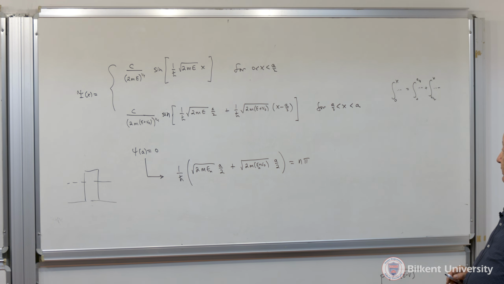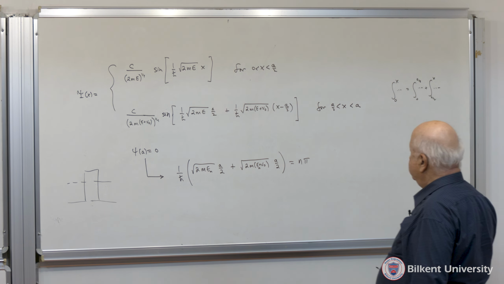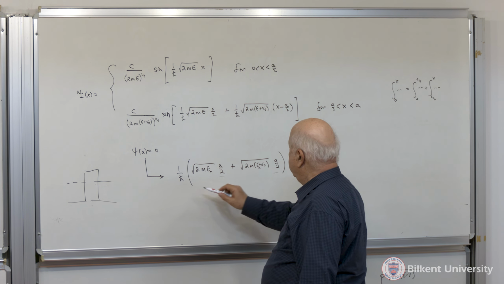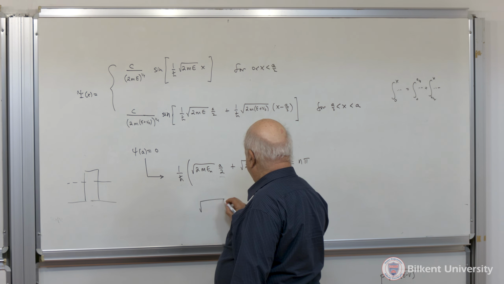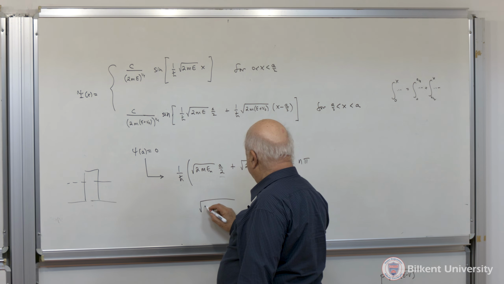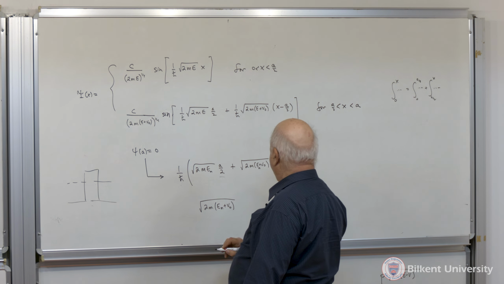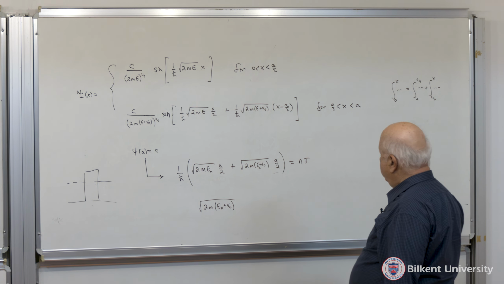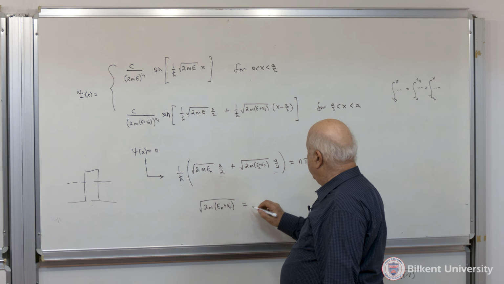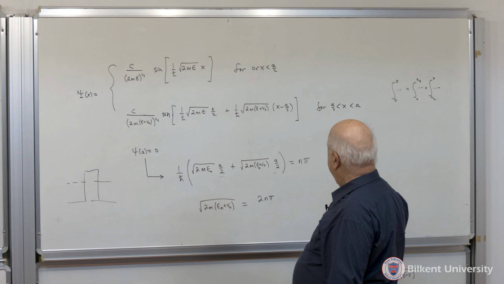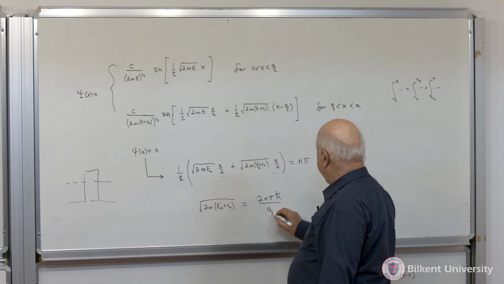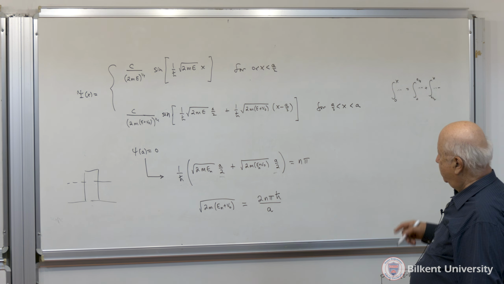All right, so let's do that algebra. There's an a over 2 common, and an h bar common. So I can write this as square root of 2m(En plus V0) is equal to 2n pi h bar over a, right?